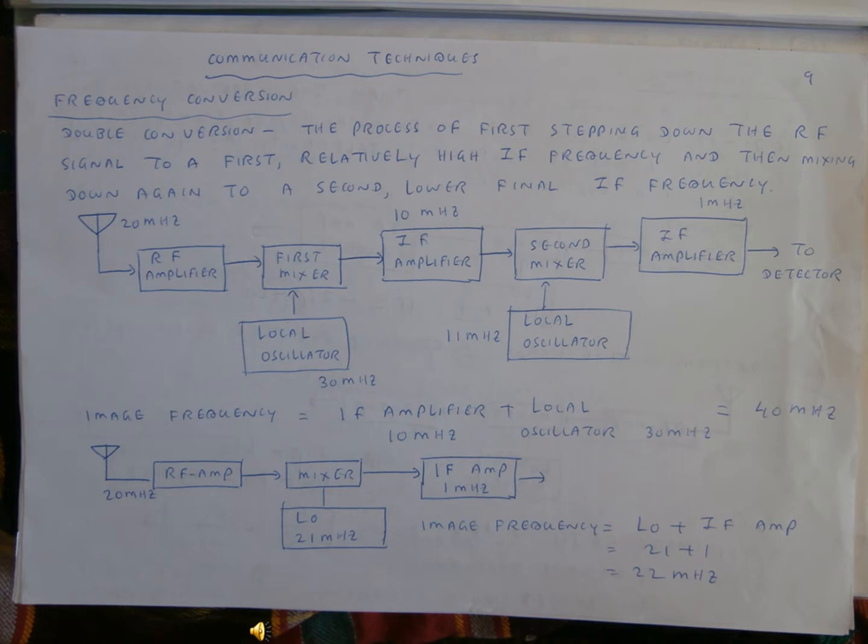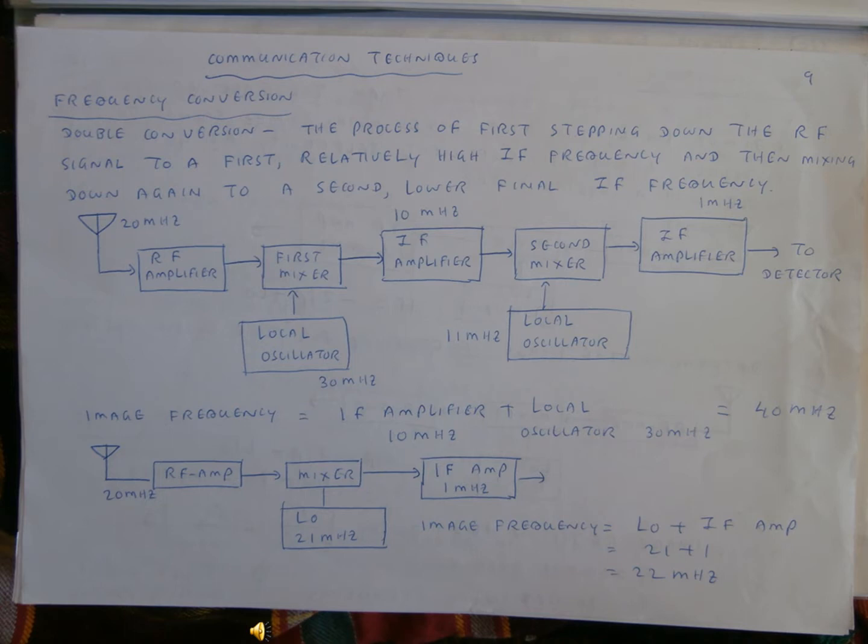Then this intermediate frequency is amplified by the amplifier and goes to the detector. So this is the frequency conversion step. In this case, in the diagram you can see that from the antenna, there is a 20 megahertz radio frequency. This passes through the radio frequency amplifier and goes to the first mixer.